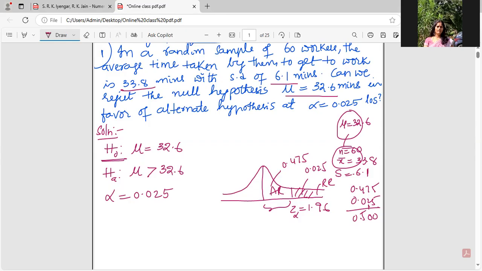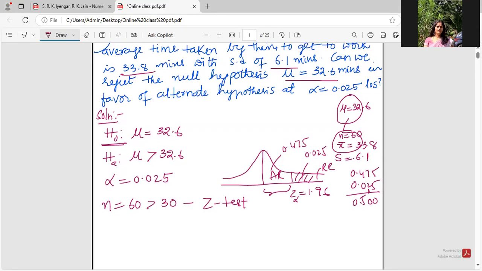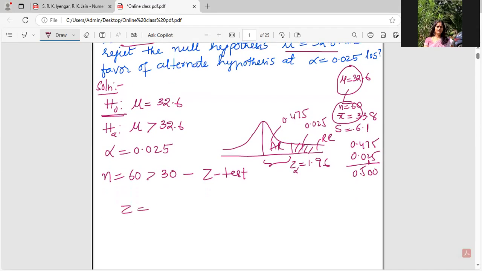Why have I taken Z? Because n is equal to 60, the sample size is greater than 30, so I'll go with a Z test or Z statistic. What's the formula for Z? Z is equal to X bar minus mu divided by sigma by root n, if the sigma value is available. Otherwise, it is X bar minus mu divided by s by root n.